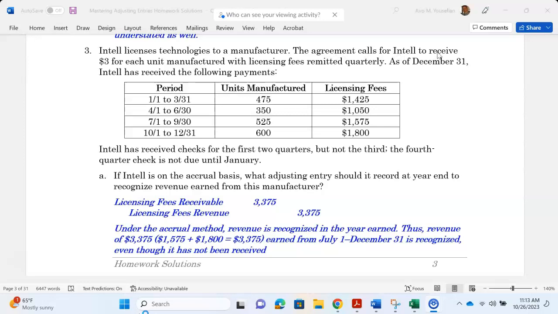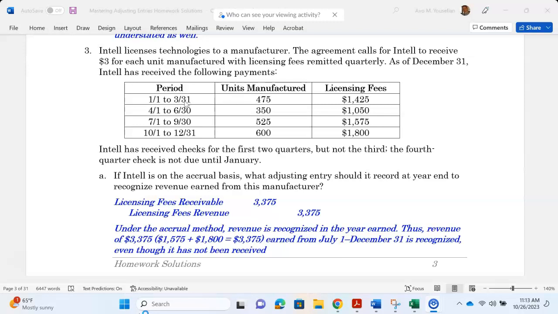So Intel can receive $3 for each unit manufactured, with licensing fees remitted quarterly. So they have to receive $3 for each unit, and they have to get that on a quarterly basis. As of December 31st, Intel has received the following payments.